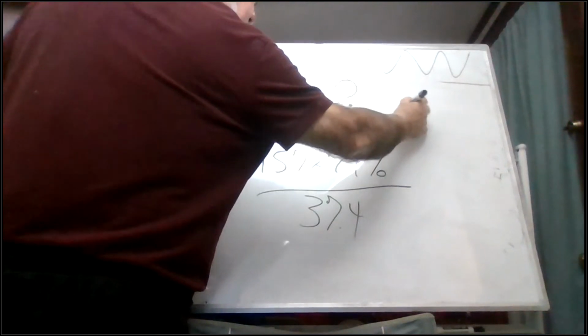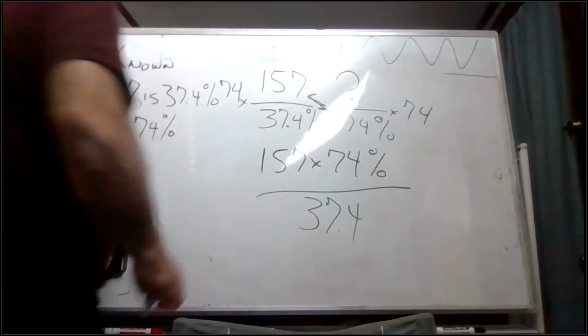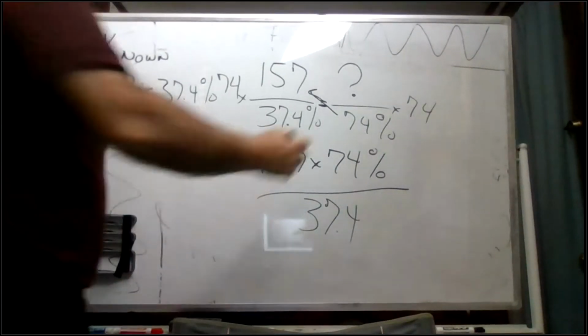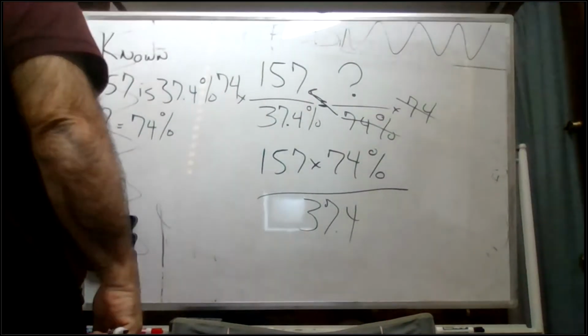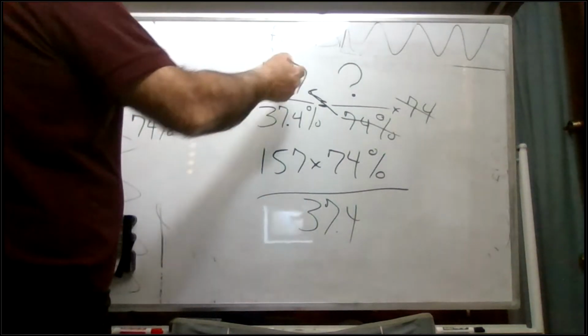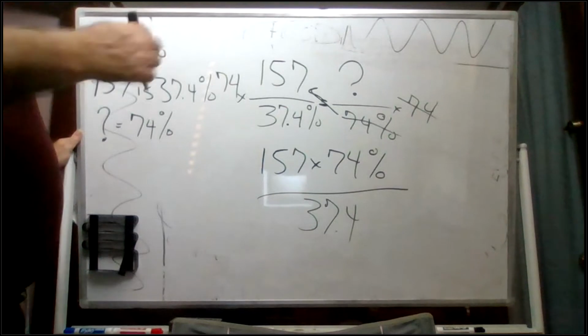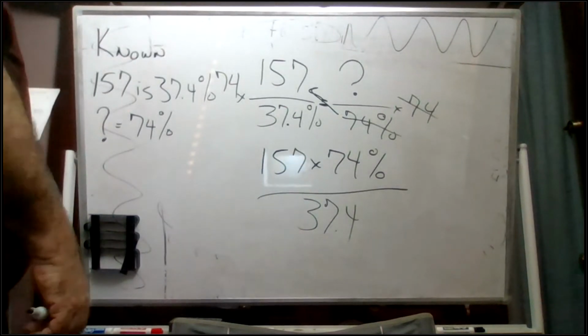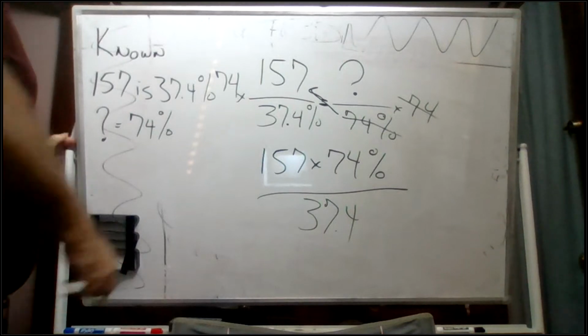Now, if you wanted to play games with algebra, this is no place for you. You would multiply both sides by 74. This side cancels out. You put that one by itself. So this becomes 74 times 157 divided by 37.4. If you do that arithmetic, you should get 310. But you already did it because you told me what the answer is.